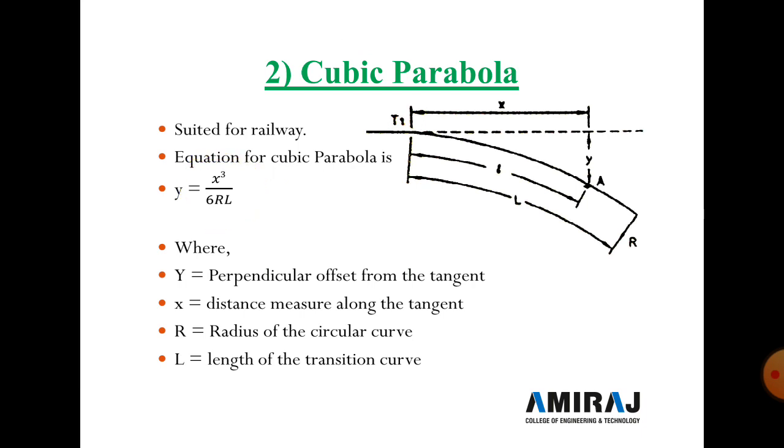So in a spiral we take the l cube, and in a cubic parabola we take the x value, x cube divided by 6RL. Y is the perpendicular offset from the tangent, so this length, this value. X is the distance measured along the tangent from the starting point to the point we take, R is the radius of curvature, this value, and L is the length of the transition curve from the starting to the end point.